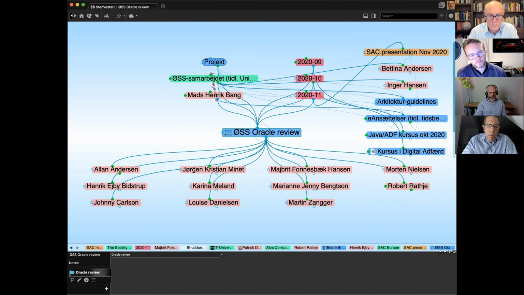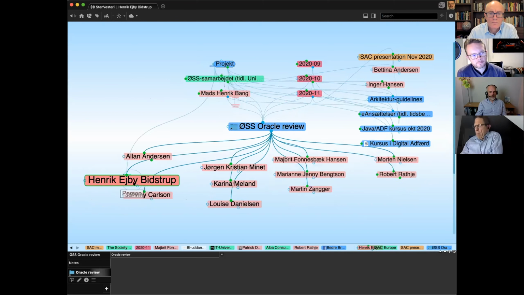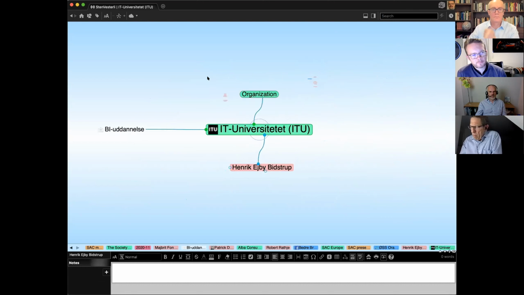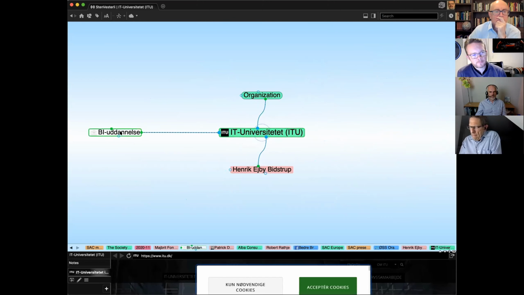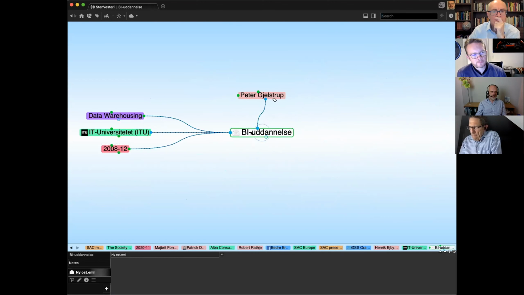It actually started when I was a technical consultant. I used it to track who knows things about different areas. Let's see. Henrik was working at the IT University, and I was discussing business intelligence education with Peter, and the topic here, so that's another color, data warehousing. So who knows something about data warehousing?